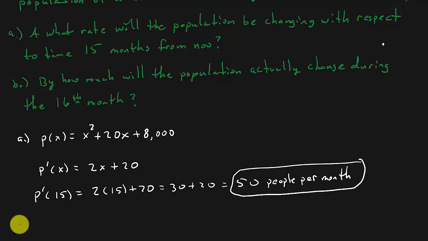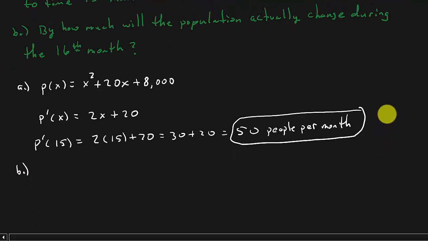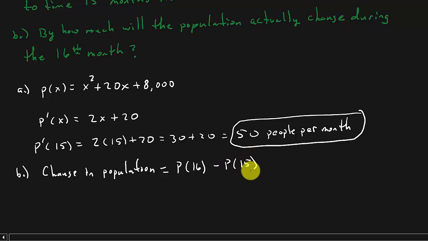All right, so part B, it says, by how much will the population actually change during the 16th month? So the actual change, the change in population, would be P of 16 minus P of 15.